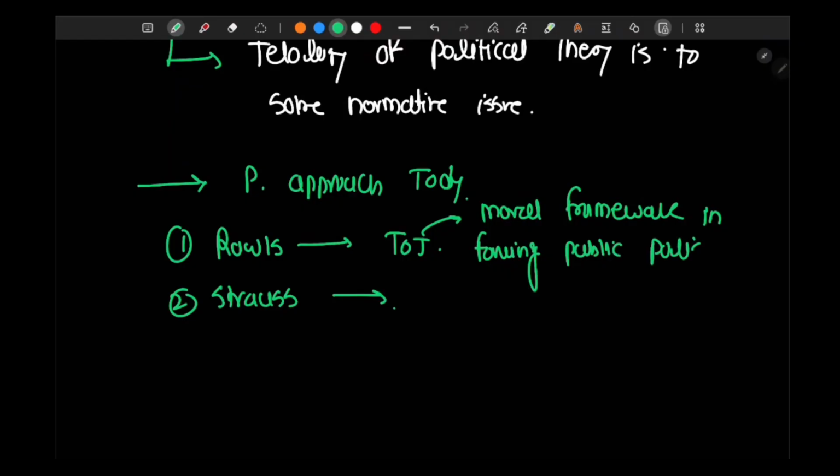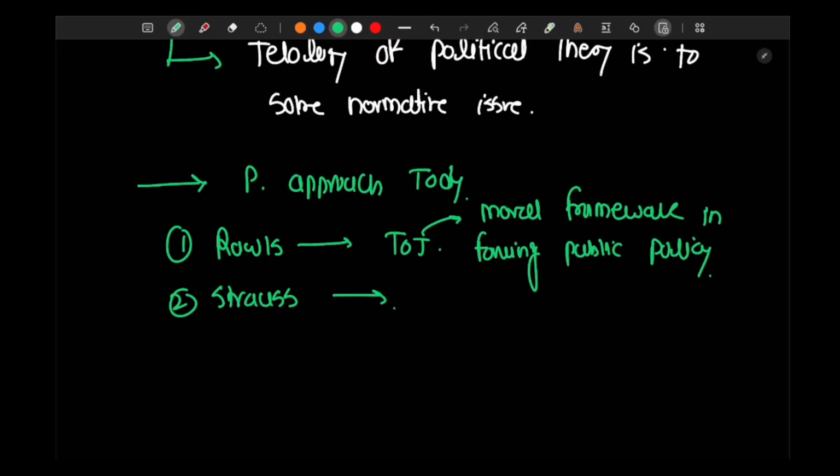So there is a normative approach to public policy, whereby he forms his theory of justice so that there should be a normative framework to form a public policy. Then Strauss is there.